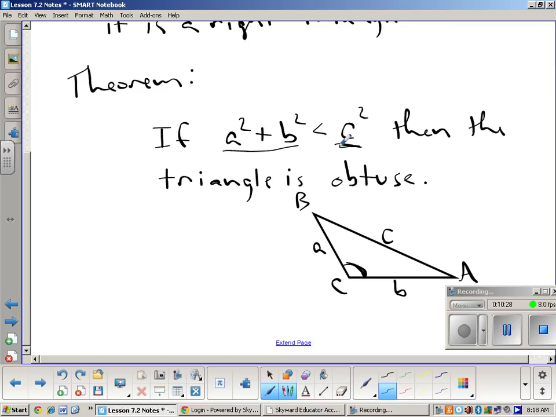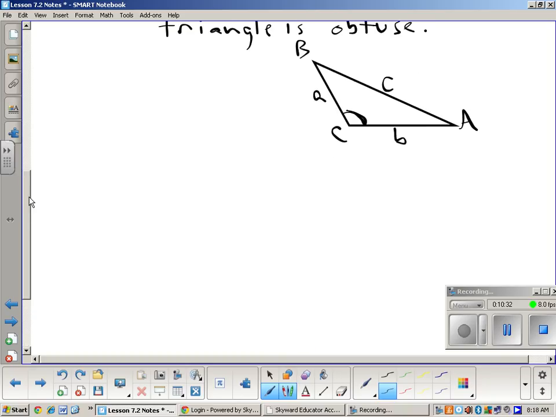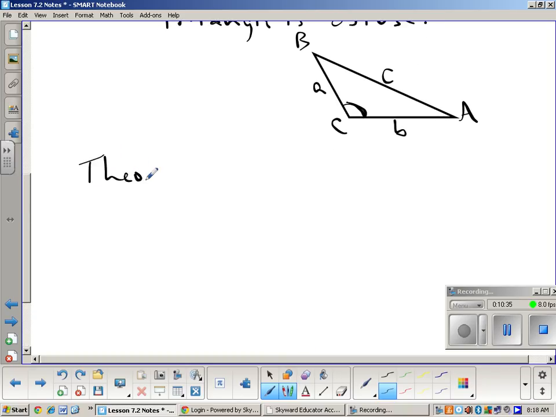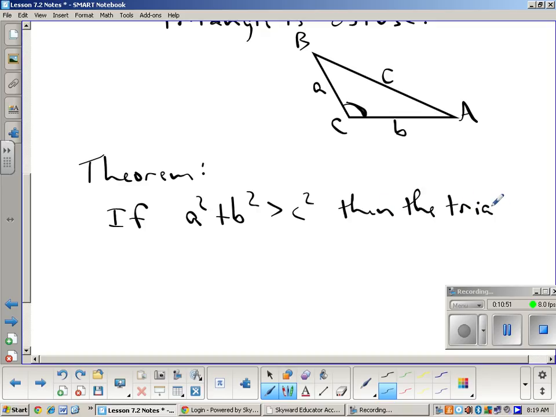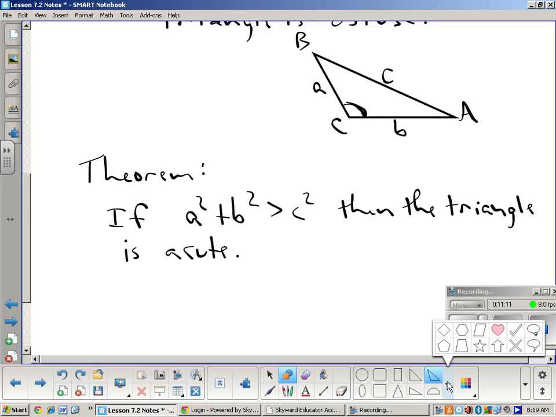And then the third one says that if a squared plus b squared is bigger than c squared, then the triangle is acute.